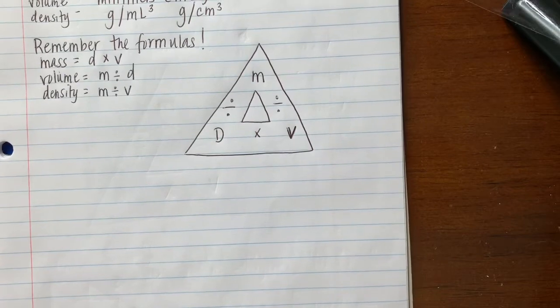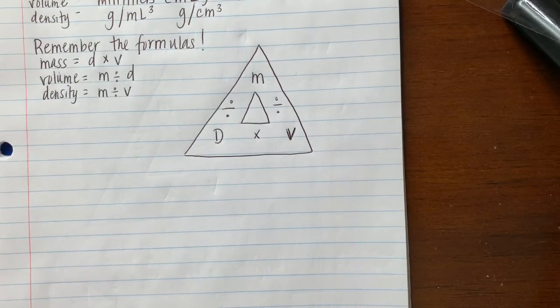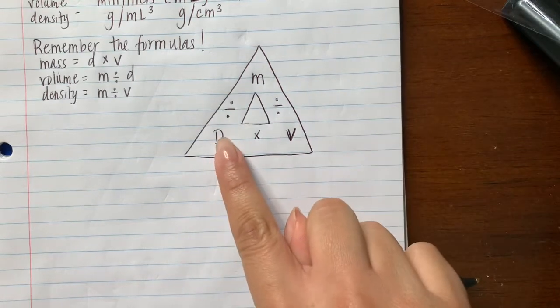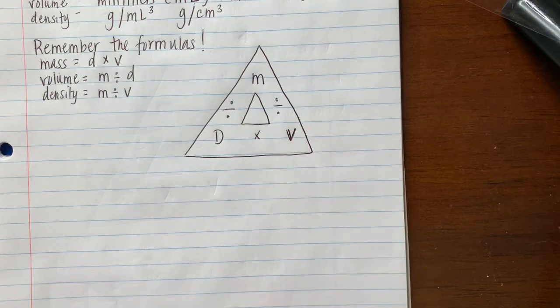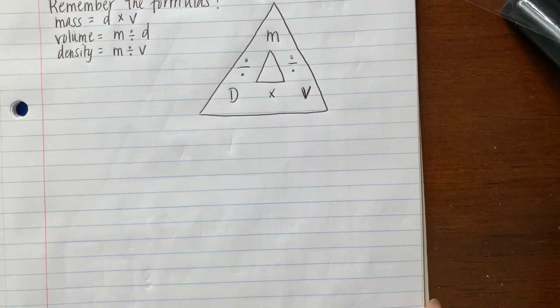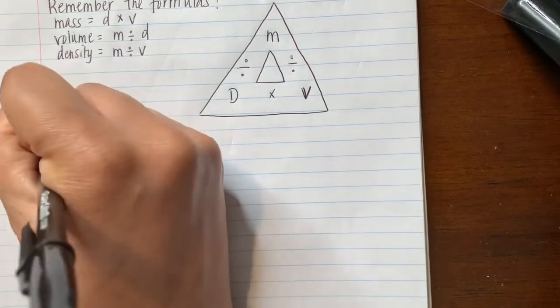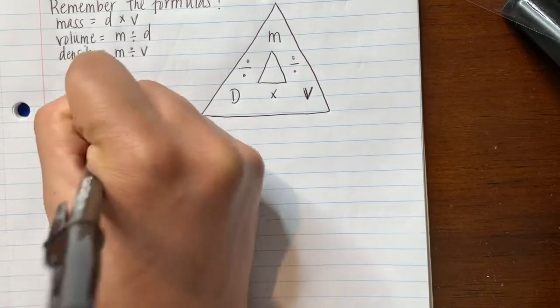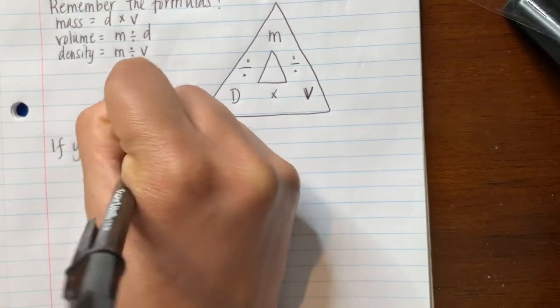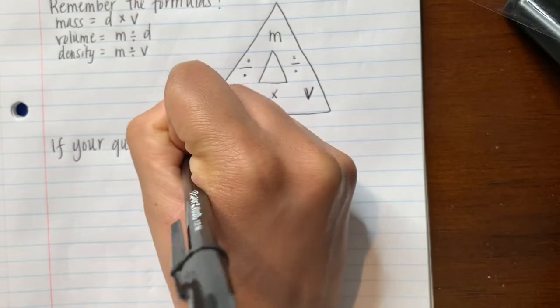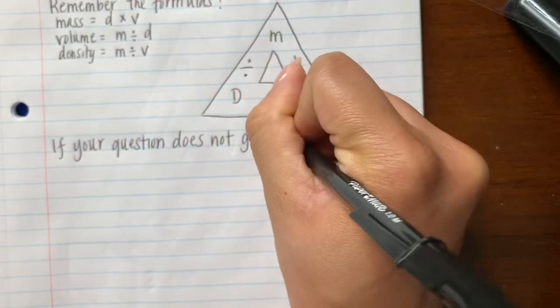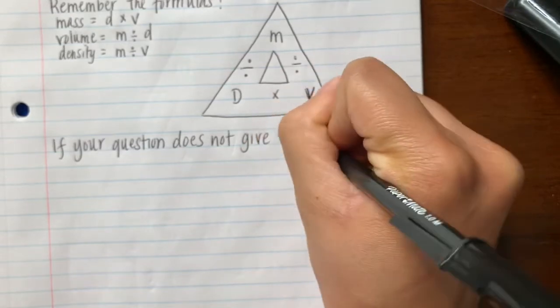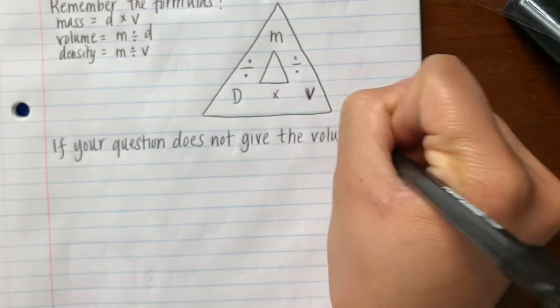Now, if your question does not give you volume and you want to solve for either mass or density, but you don't have the volume either, usually they're going to give you something in order for you to solve it. So, if your question does not give you the volume, you have to solve for it.